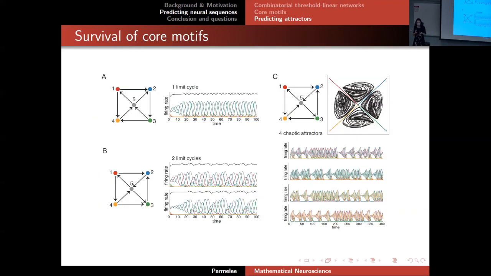So how do I know which of these core motifs is going to make an attractor and which ones aren't? Here's where the survival comes in. I'm going to look at some examples and try to build it up. This graph here has the 2, 3, 5 cycle, so that's a core motif. It also has the 5, 1, 4 cycle. That's a core motif too, so it's 2 core motifs. Only one produces an attractor, so only one survives, whatever that means.